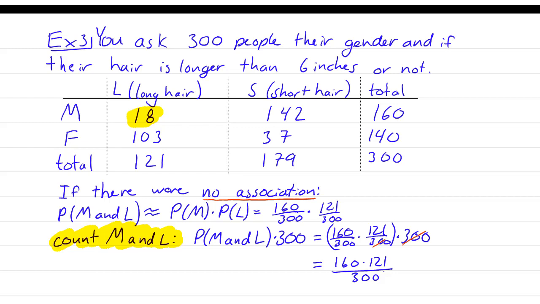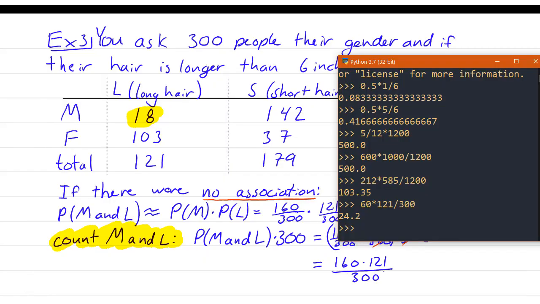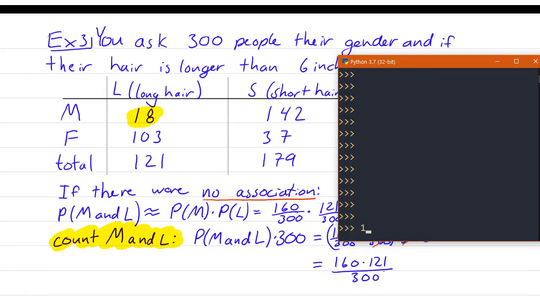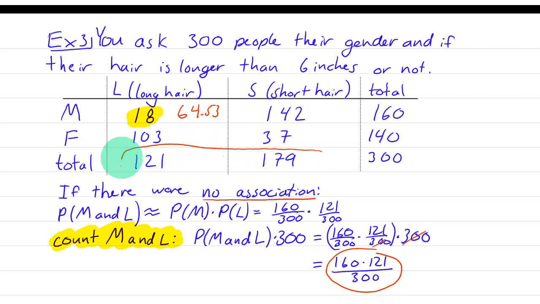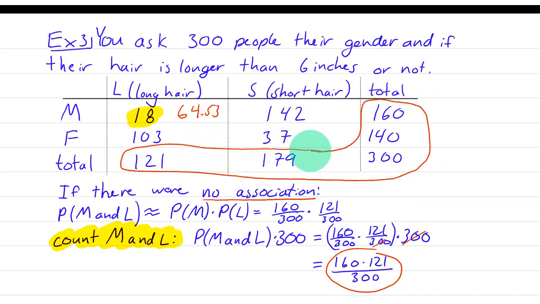So we can calculate that here. We want to do 160 times 121 divided by 300. It comes out to be about 64.53. That's how I got that. And that's what there would be if there's no association. That's how many long-haired men there would be if we were just given the numbers on the outside and we're trying to find the counts on the inside.